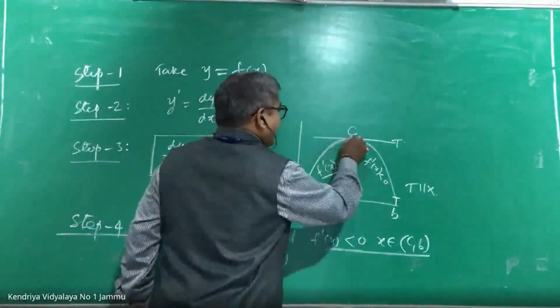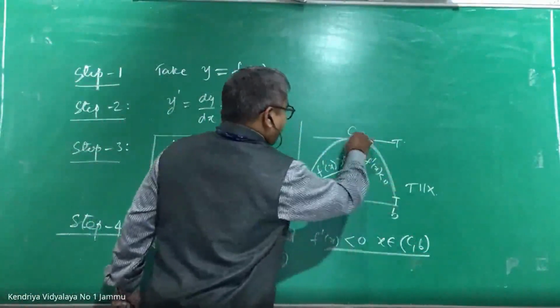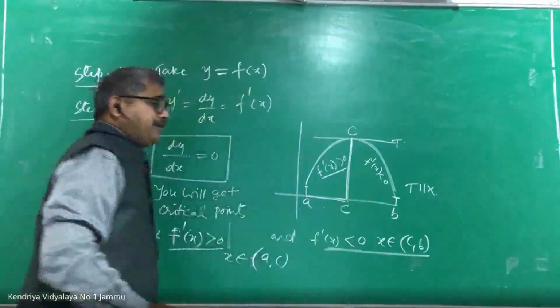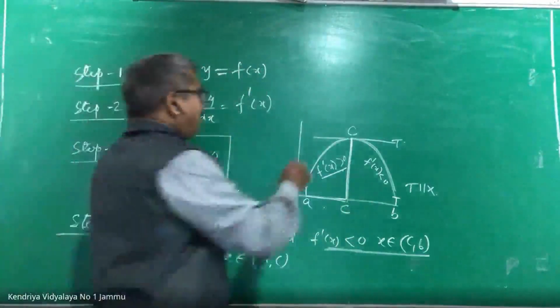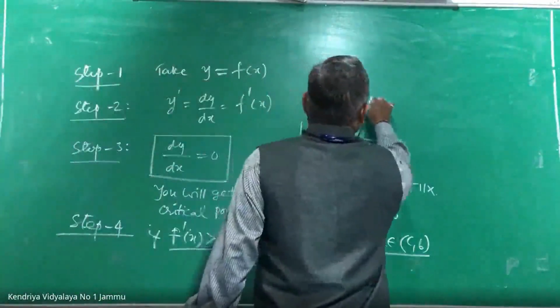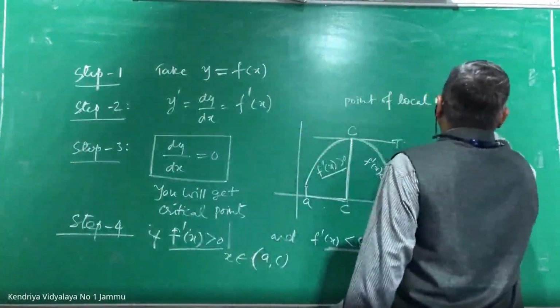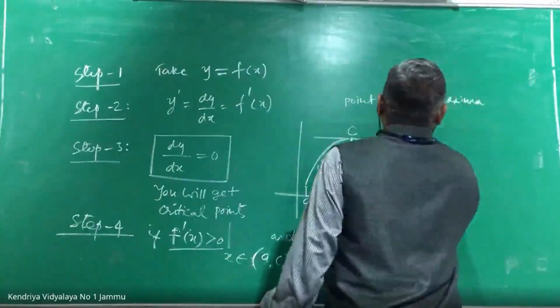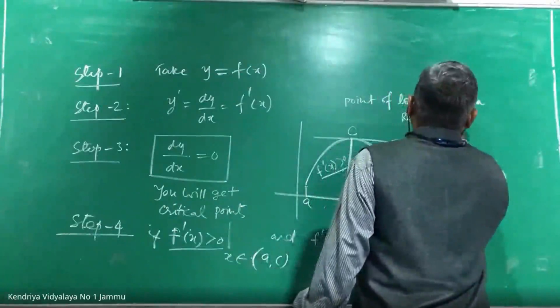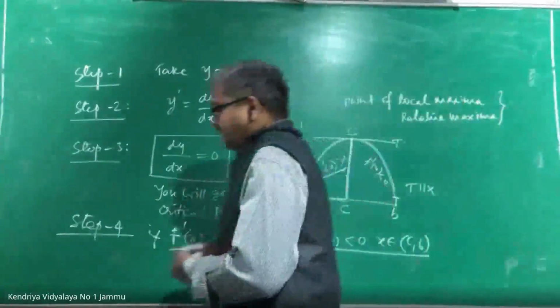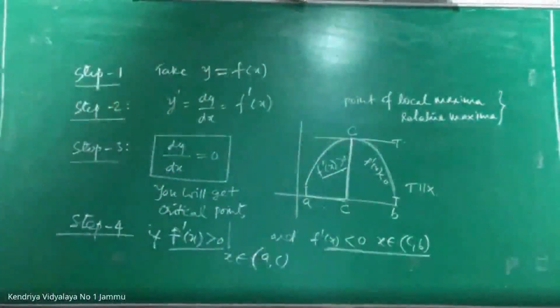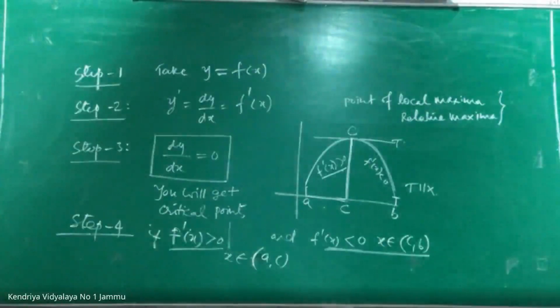Then this point is called point of local maxima, otherwise also called relative maxima. Whatever the word you want to use, you can use it. These are the 4 steps involved in finding out point of local maxima.